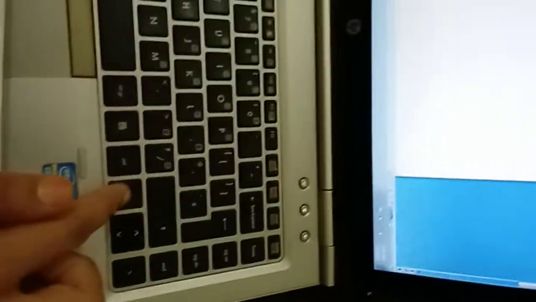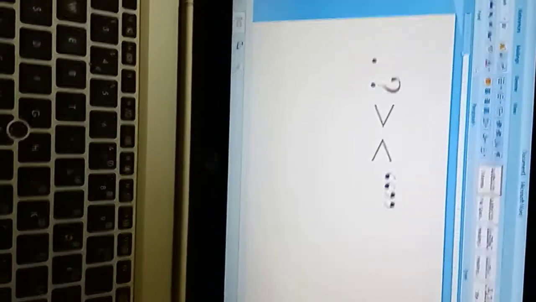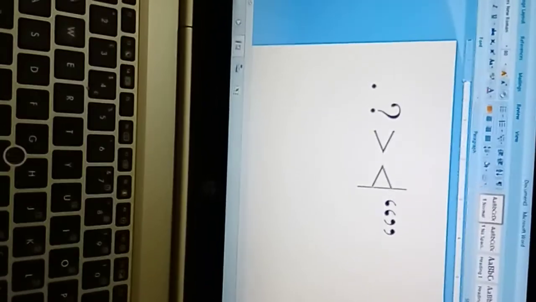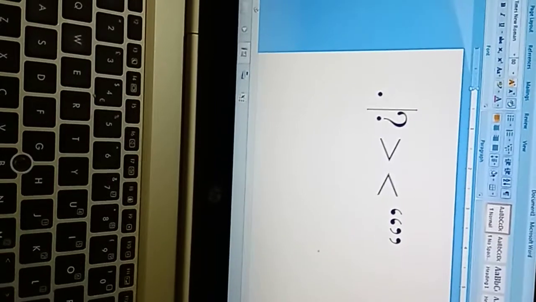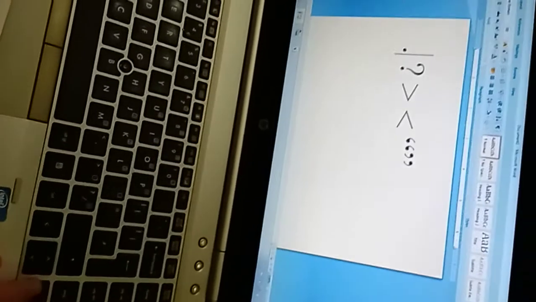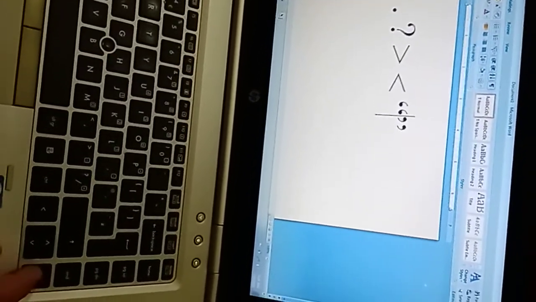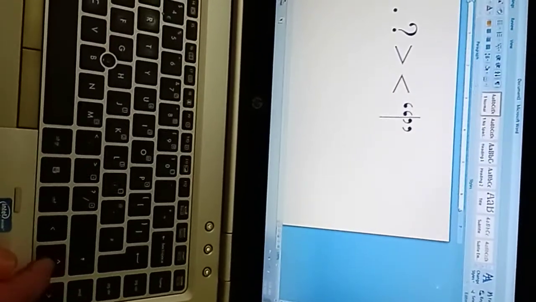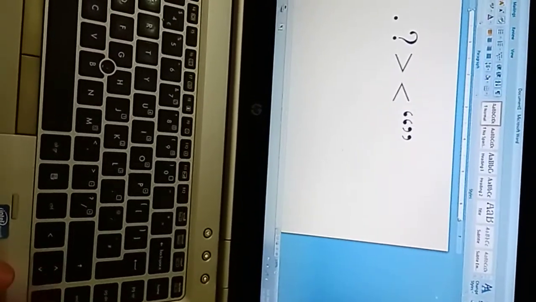When we press the left arrow key, the cursor moves to the left side. When we press the right arrow key, then the cursor moves to the right side of the characters or symbols. Down key is used to move the cursor down.